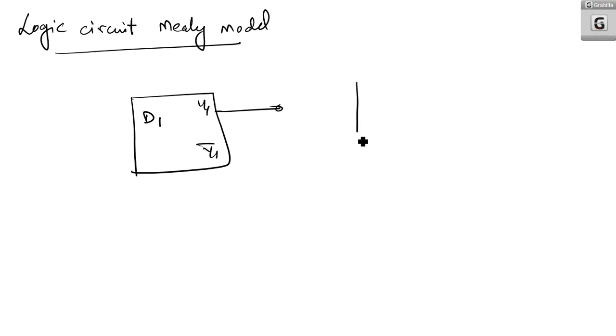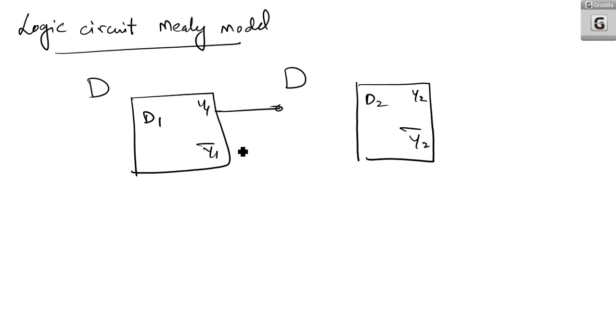Again D2, with output Y2 or Q2 bar. Now here my input is coming from Y bar. Y bar is going in here. Then what is coming in here? X. So X is the input to D1. That X is going in here and here, and X is also going in there.